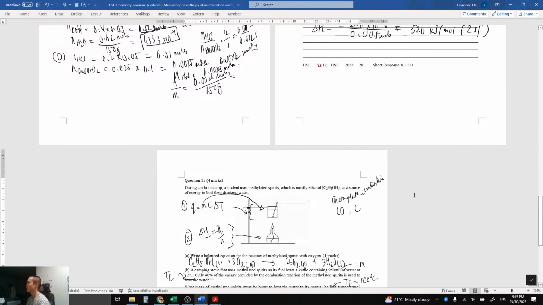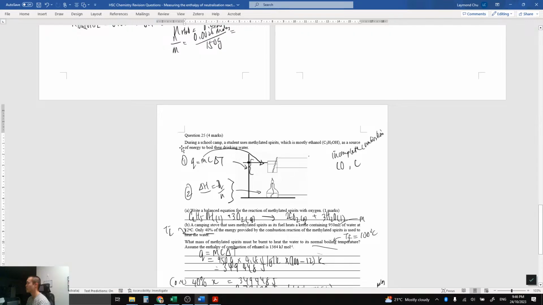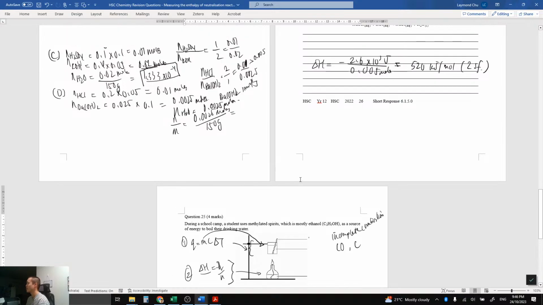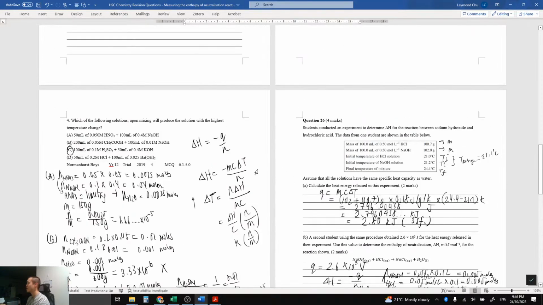For these questions specifically, I would say the most important thing for any enthalpy question is to identify that your Q equals MCAT is applicable to this vessel, and your delta H equals Q over N is equal to this little section. In your neutralization, it's slightly different. They're all happening in the one place.